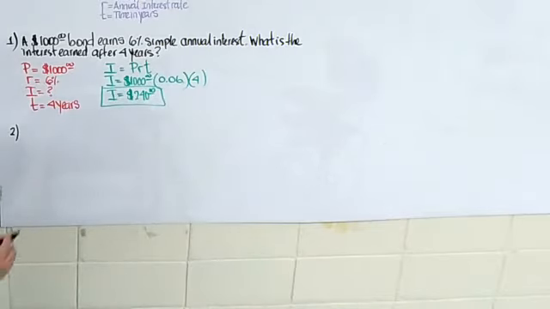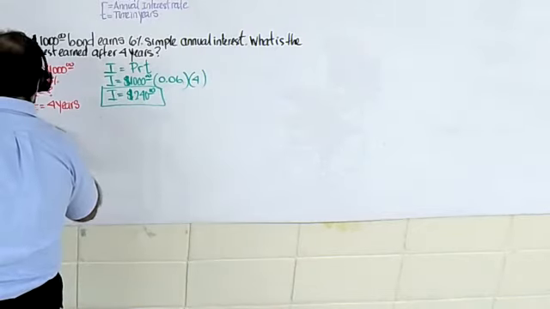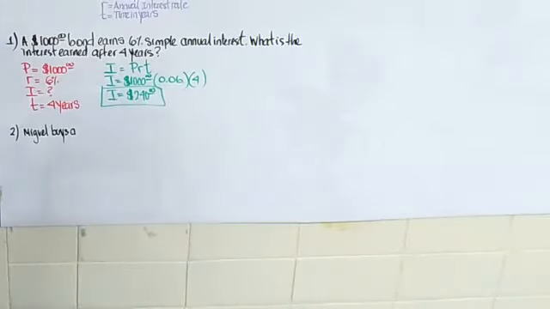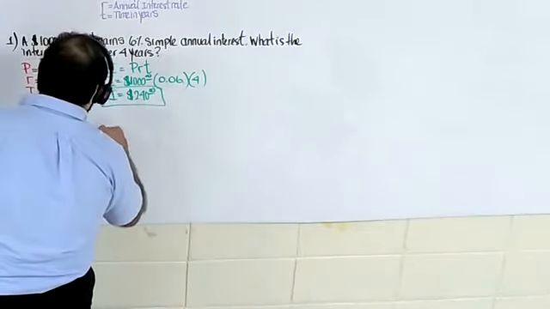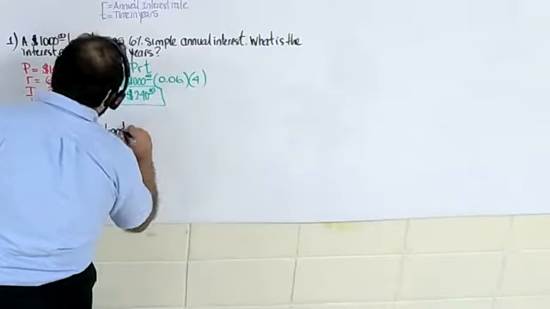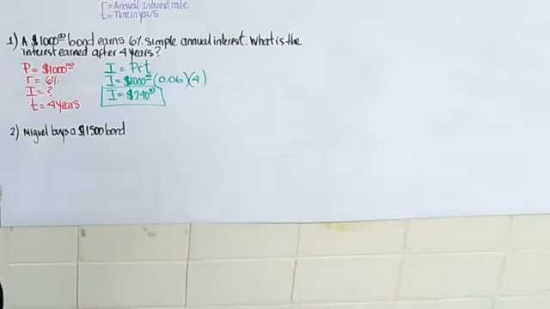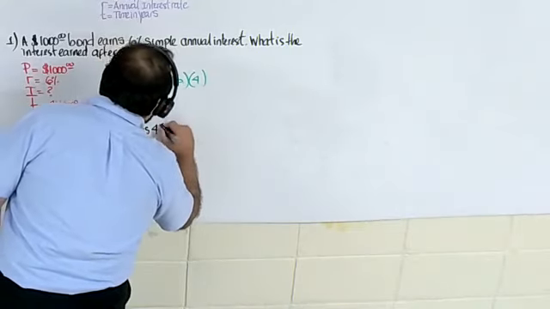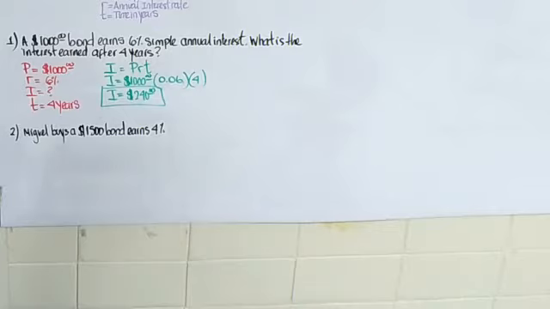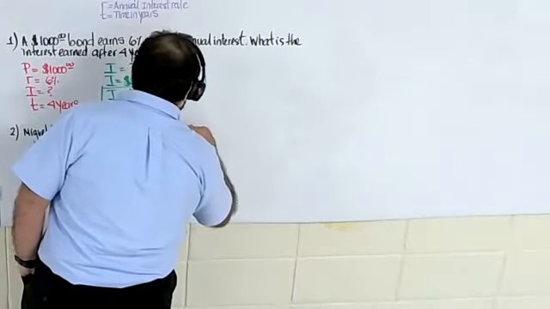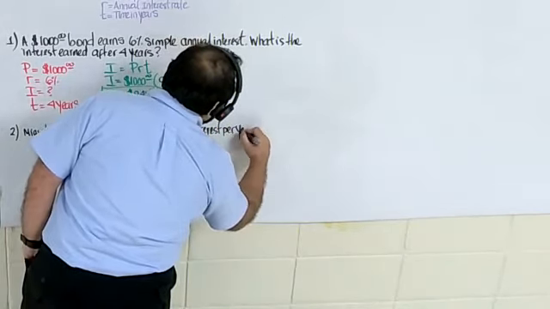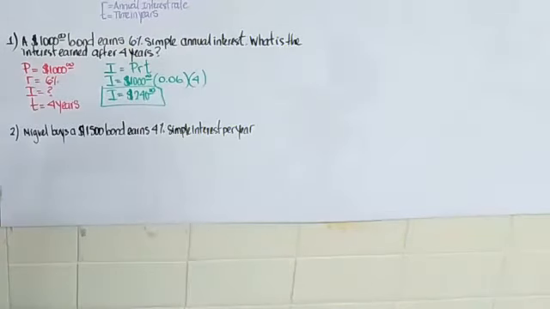All right, the example number 2 says, Miguel buys a $1,500 bond, okay? Earns 4% simple interest per year.